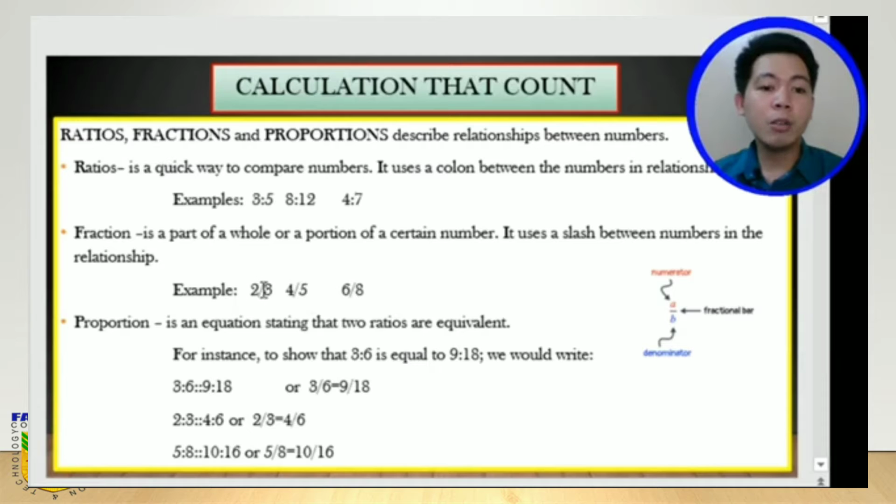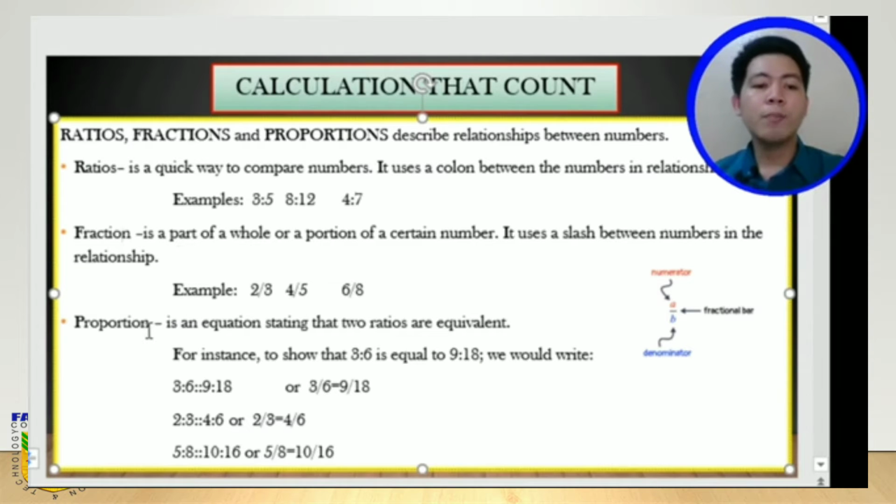Pero kung babalikan natin ito, itong nasa horizontal form, yung 2/3 natin, yung 2 ay numerator, yung slash ay yung fractional bar natin, and 3 yung denominator. Okay? So, ibig sabihin class, ang fraction ay pwede mong ma-convert into ratio. Kasi pareho lang naman yung meaning nun. Kino-compare mo yung dalawang numbers.